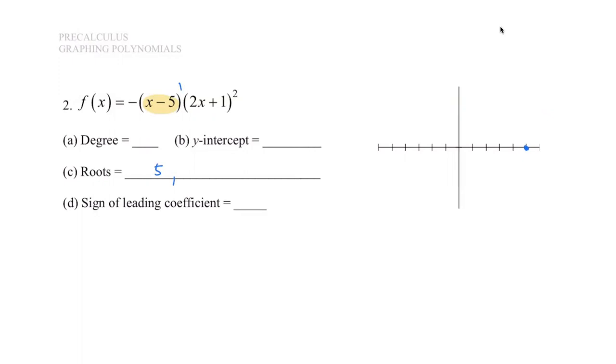And then the next root: 2x plus 1 equals 0. So what would x be to make it 0? That would be negative 1/2. If you put negative 1/2 into x, then you would have 2 times negative 1/2, which would be negative 1, and negative 1 plus 1 would be 0.